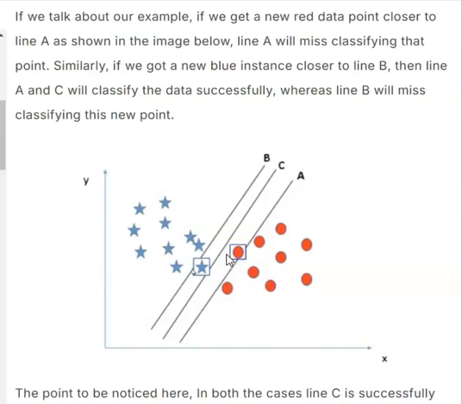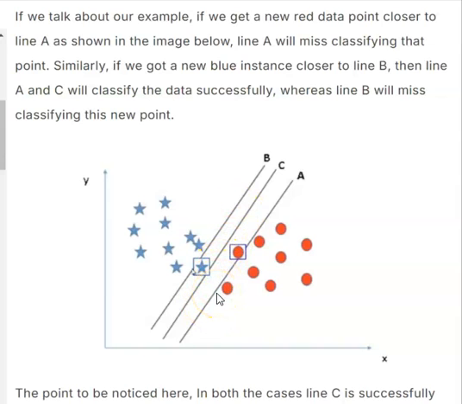So always we want the SVM model to come up with the highest margin. SVM does not just draw any boundary. What it does is it will try to make sure that the gap between the support vectors, the data points where we are drawing the hyperplane, is as wide as possible.